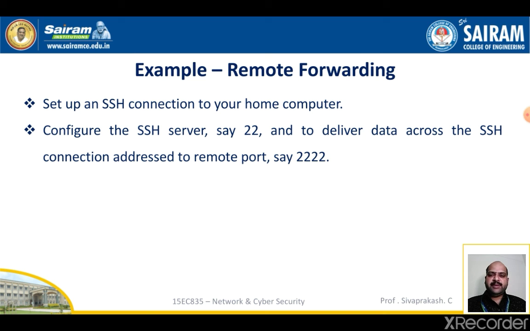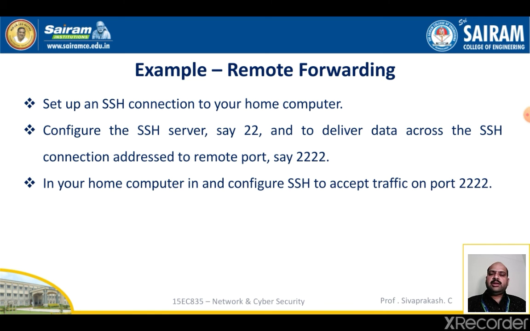Then we need to configure the SSH server to listen on a local port, say 22, and to deliver data across the SSH connection addressed to remote port, say 2222. Then you can go to your home computer and configure SSH to accept traffic on port 2222.